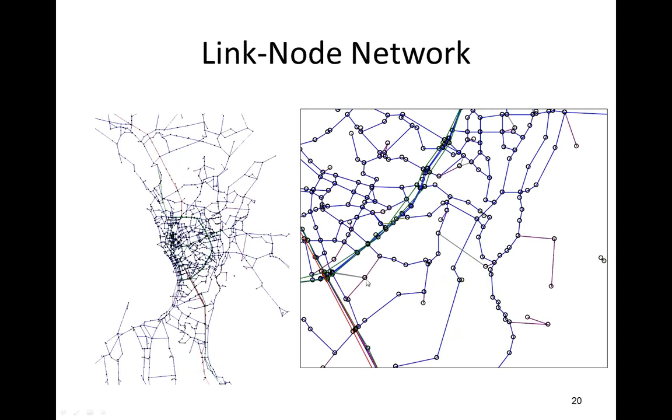Okay. Once the origin destination is determined, then we go to the next level, which is the link node network. This is the link node network for Metro Manila. This link node network is a link node representation of the transport system.